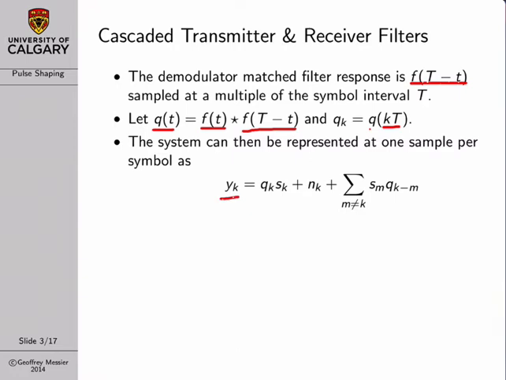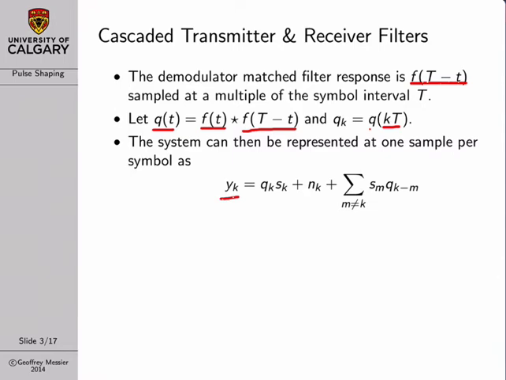So y0 would be the first sample at the output of the match filter at time 0. Y1 would be the second sample at time T. Y2 would be the third sample at time 2T, and so on.